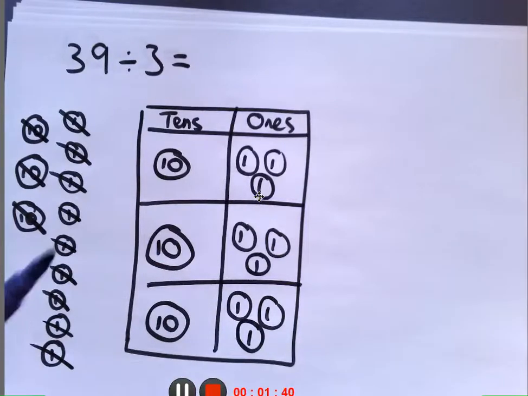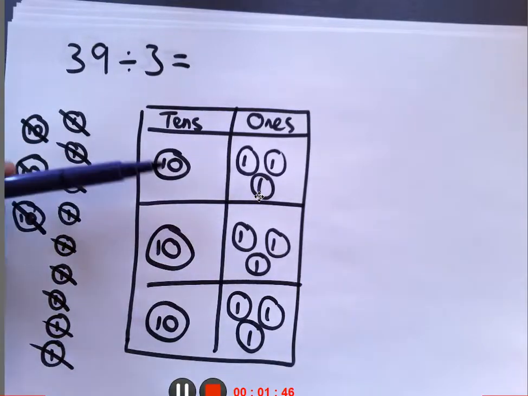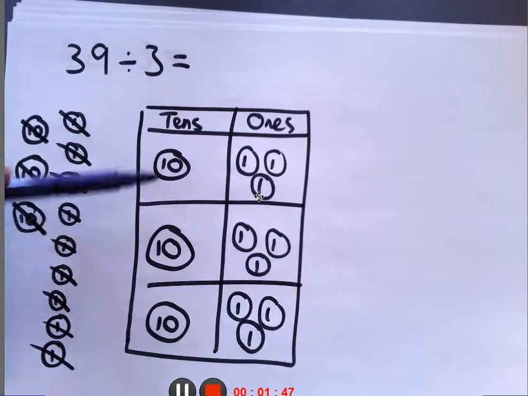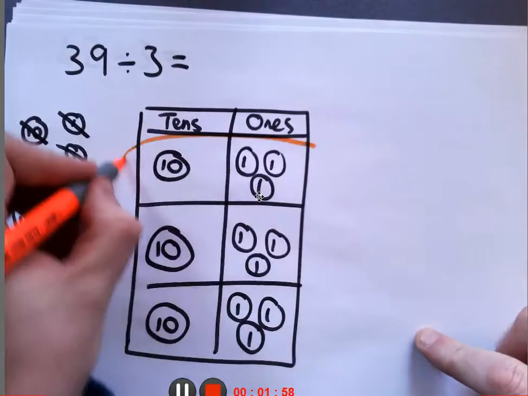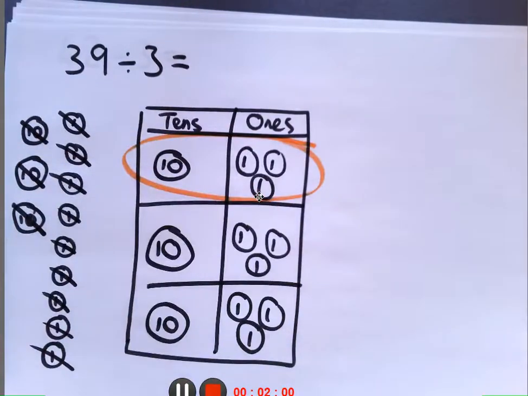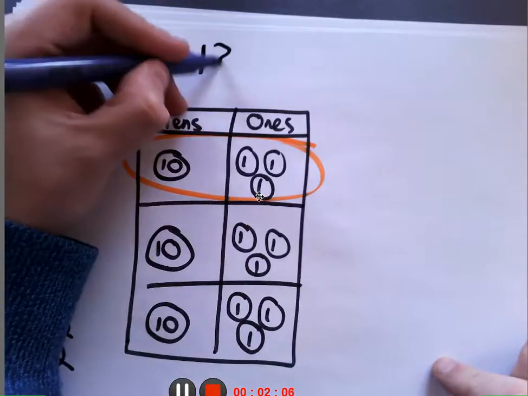Now because of how I set my counters out and I put them in the same place for each row, I can visually see that they've got the same amount because they've both got 10 and 3 ones. So they've both got 13 in each one. So to find out the answer, I need to just look at one row. So 39 divided by 3 is 13.